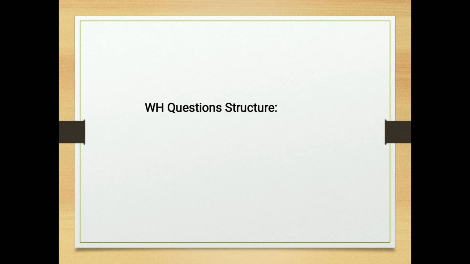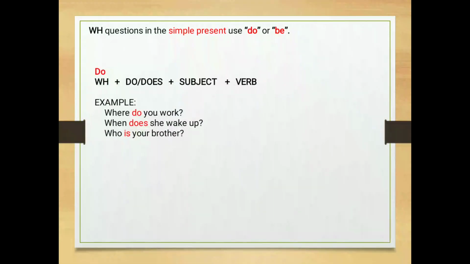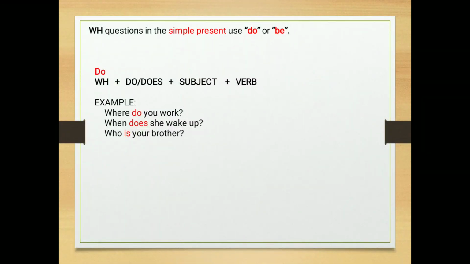And the next important thing is WH question structure. For WH questions in the simple present tense, you have to use do or be. As for do, look at the question structure: WH word, then do or does, then subject, after that the verb.